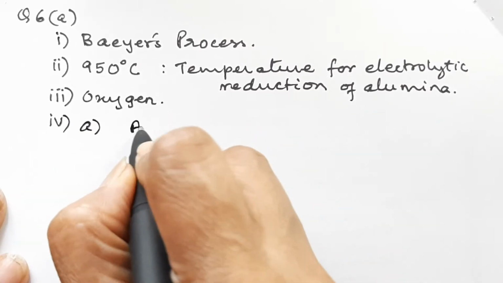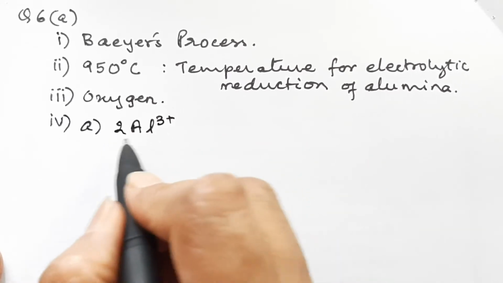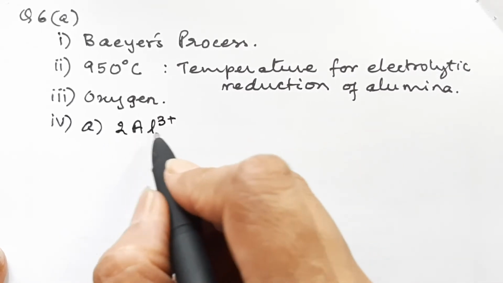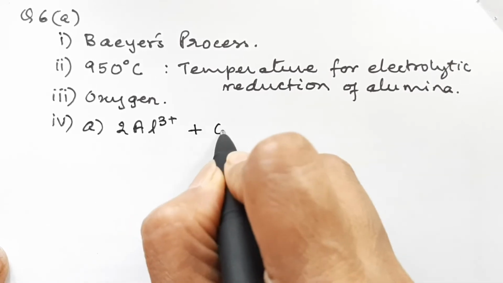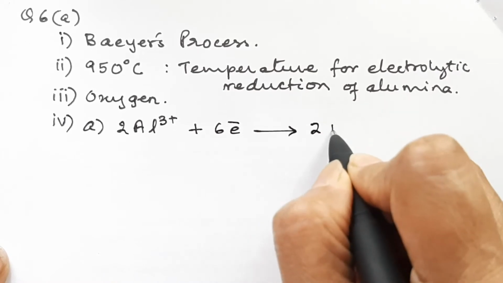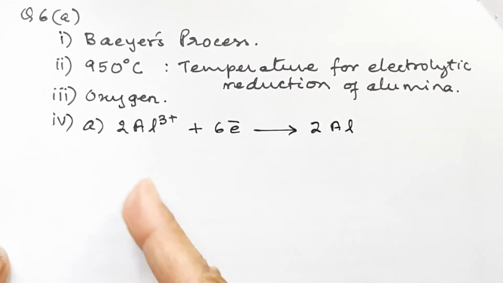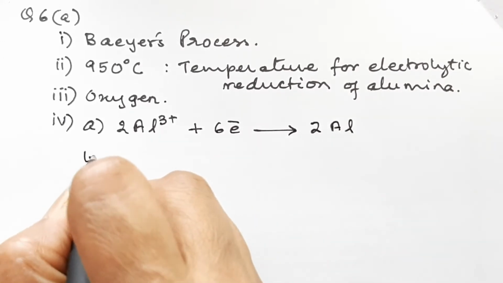A part was Al3+, but alumina gives out 2 ions of aluminium and they will gain 6 electrons and they will become 2 atoms of Al. So this is the reaction for formation of aluminium.